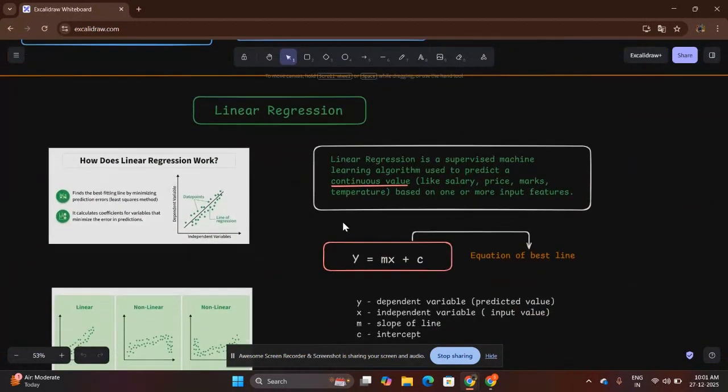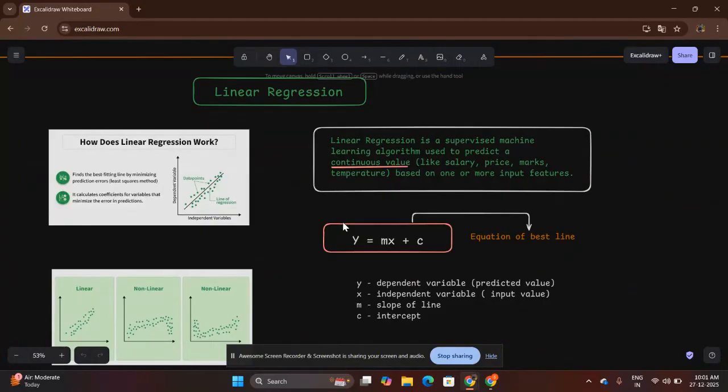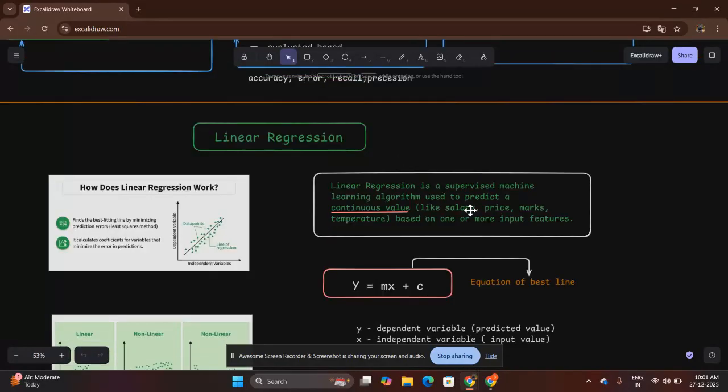In supervised machine learning, first there is one algorithm, linear regression. So what is linear regression actually? Linear regression is a supervised machine learning algorithm used to predict continuous values like salaries, price, marks, temperature, based on one or more input features. Why do they mention one or more input features?